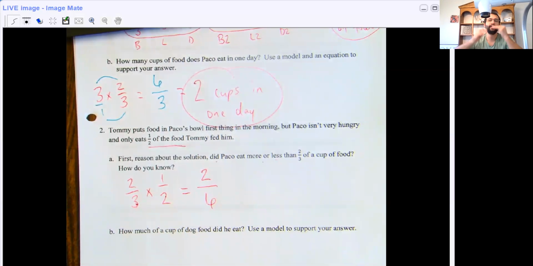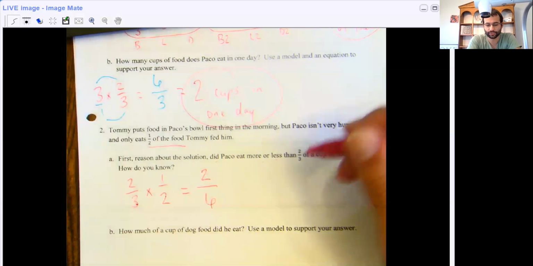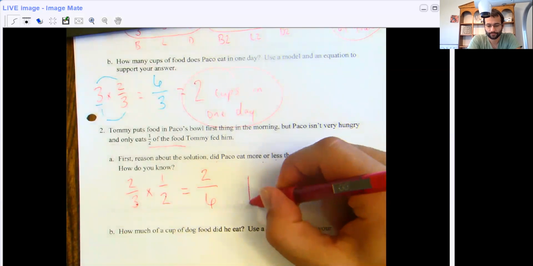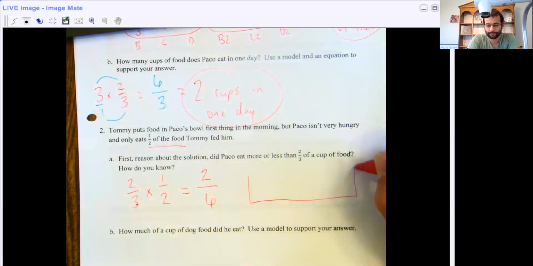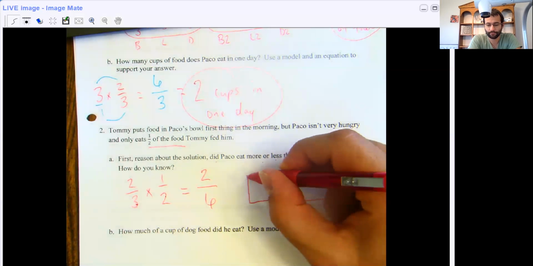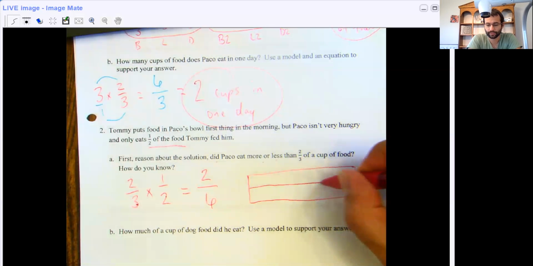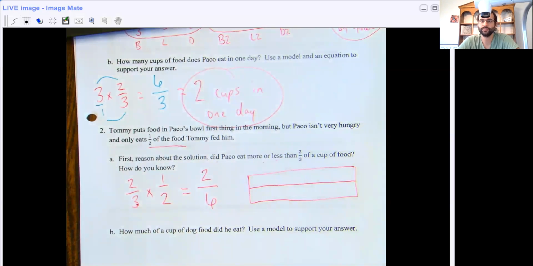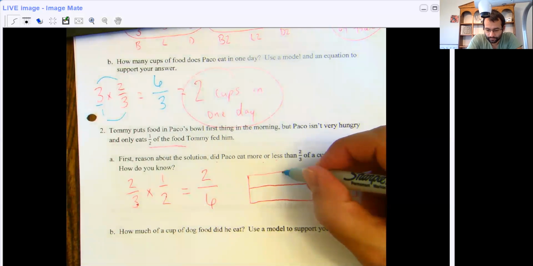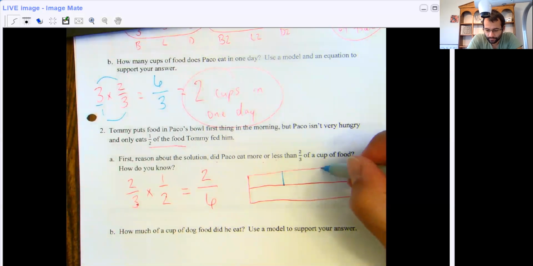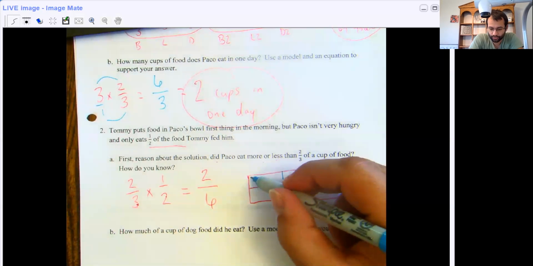So I'm going to compare these two fractions with some fraction strips. You can draw a rectangle. Split your rectangle into 2 pieces, and I'm going to break my first rectangle into thirds and shade 2 of them.